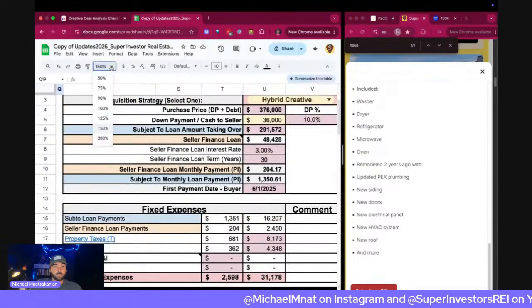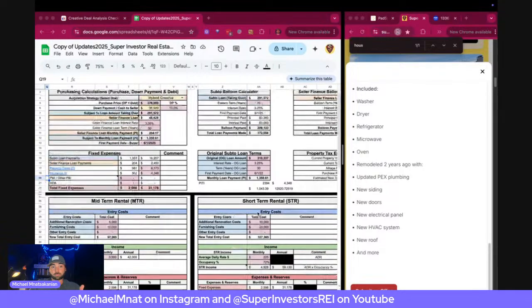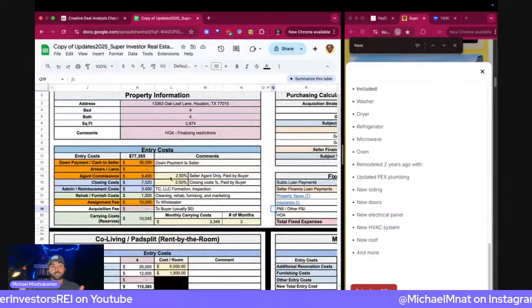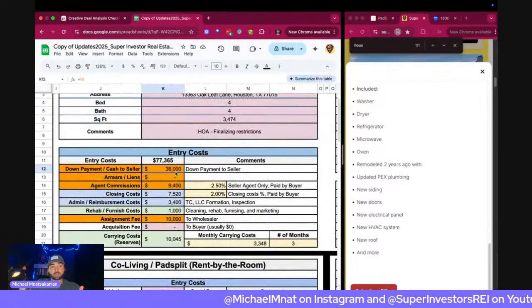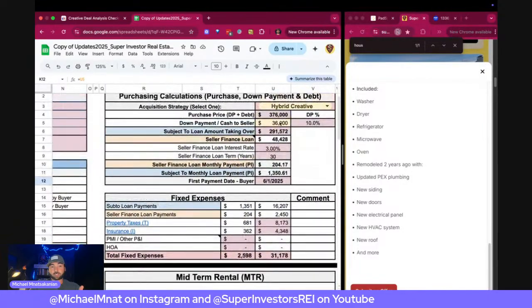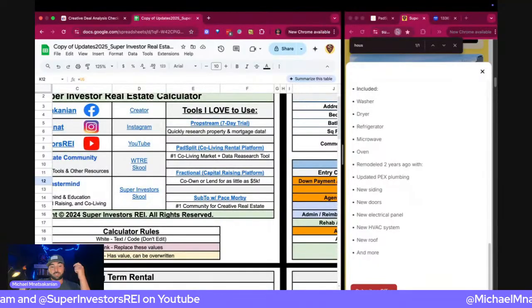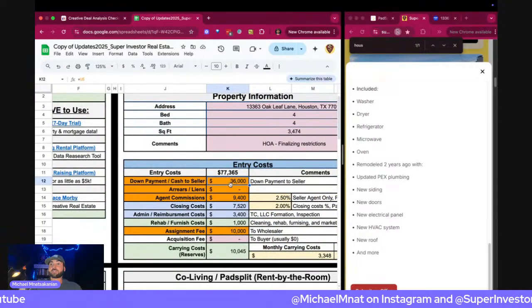But let's zoom out and let me just explain everything that we just did. What we have done up to this point is we have all of our property information. We have all of the information that we can get from the wholesaler in regards to the entry costs, right? The $36,000 here, actually, what we need to do is, because we don't know how much of the entry goes towards arrears, agent, wholesaler, we already accounted for the full 36.